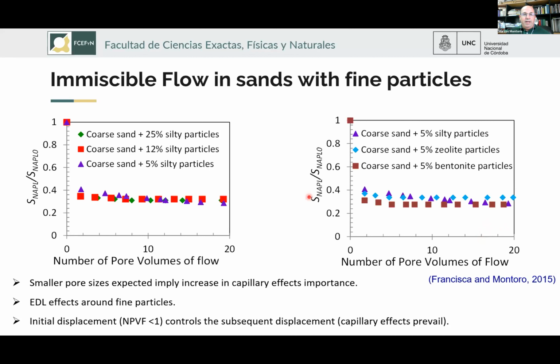The figures show that the NAPL displacement for all the specimens is very similar, and there is an important initial replacement of the NAPL by water during the first pore volume of flow in all cases, indicating the prevalence of the capillary forces. After that, NAPL saturation changes very slowly with the evolution of the flushing process, to almost the same remaining NAPL content at the end of each one of the tests.